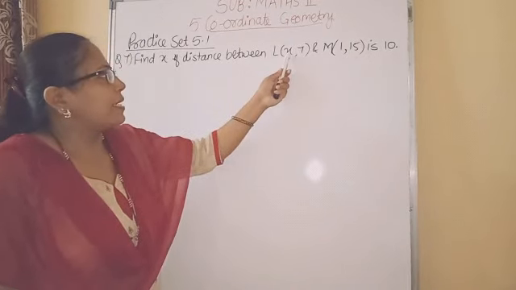So we have to find out the value of x. We will write the points here with the coordinates L(x, 7) and M(1, 15). Students, if you write the coordinates this way, you will never make a mistake in x1, x2, y1, y2.